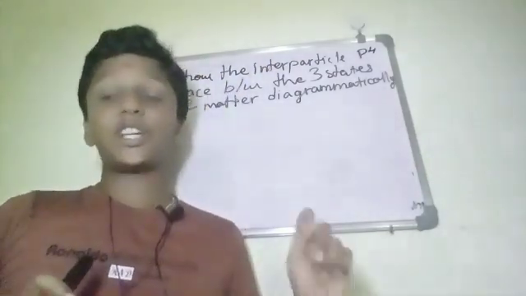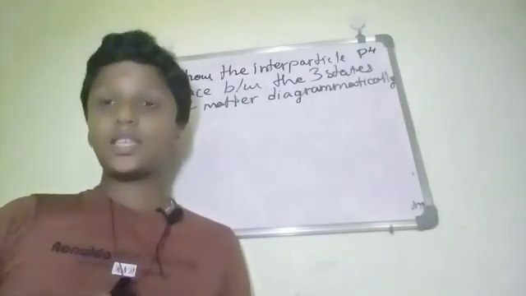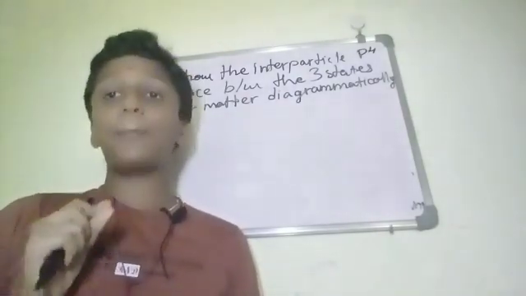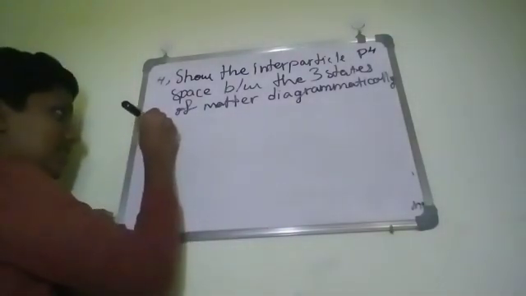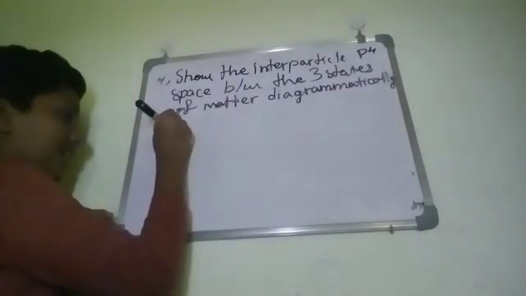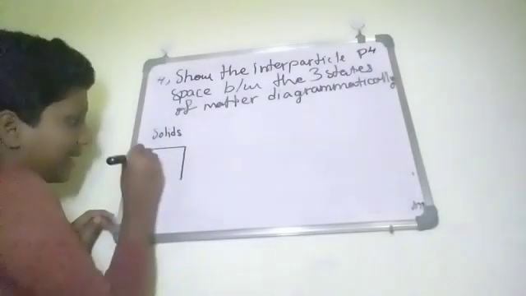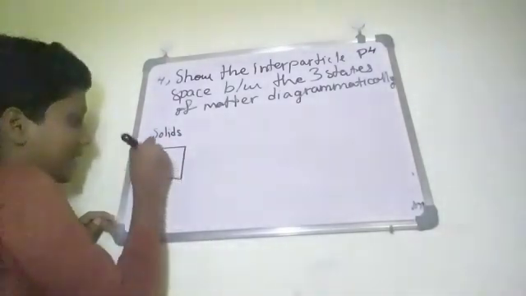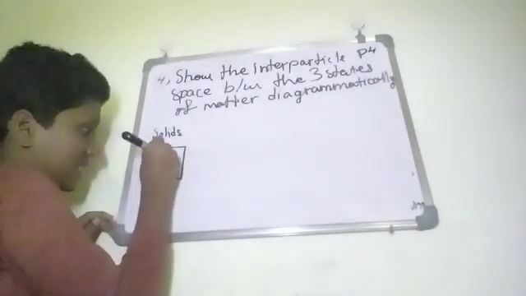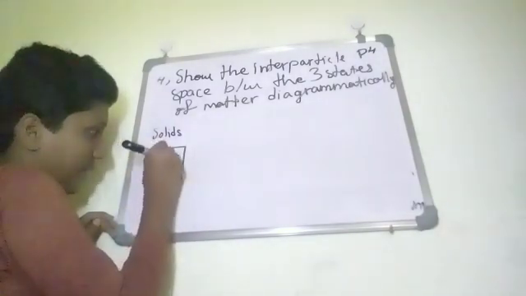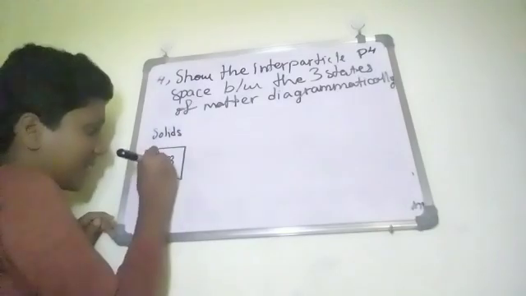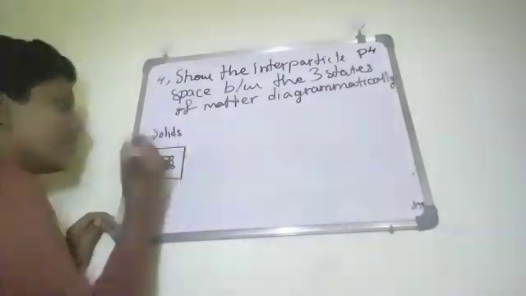And to represent the interparticle space, you need to draw the particle model. So first of all, you will write solids, and you will draw a small rectangle and draw like this, with each circle really close to each other, and this is going to represent the interparticle space for solids.